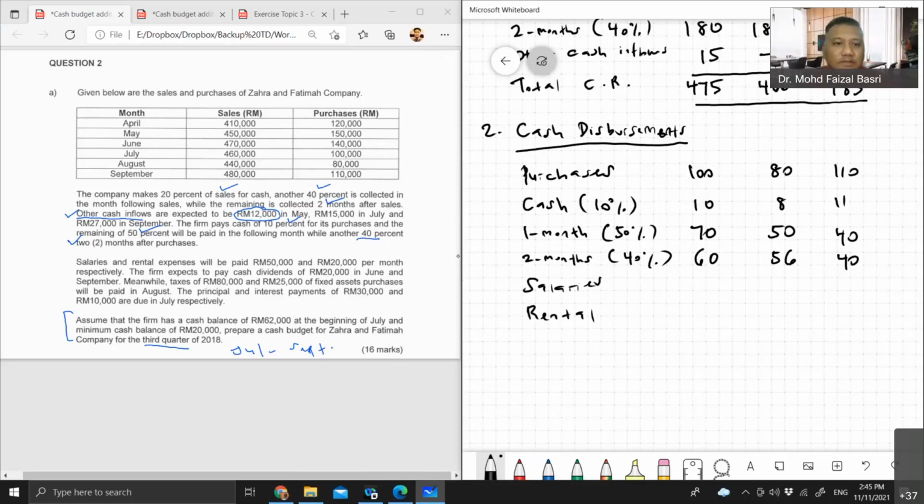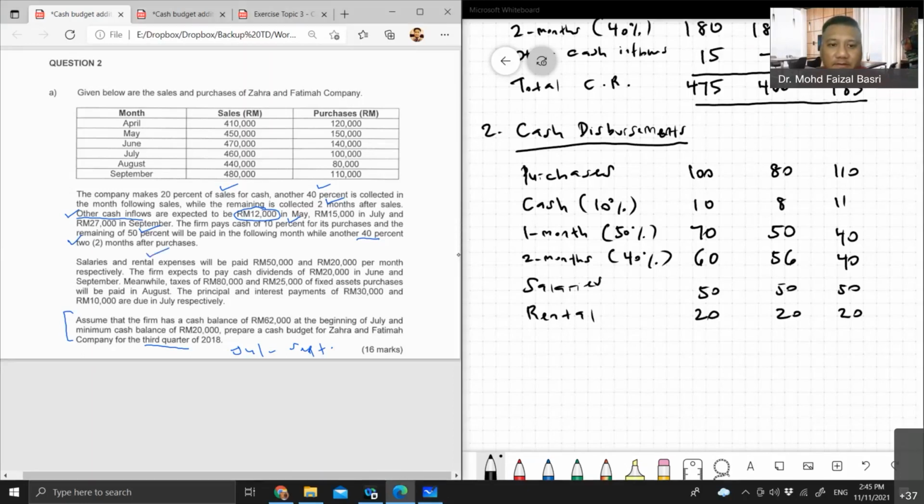Salaries are 50,000 per month. When they say per month, it means it's a fixed expense. So salaries are 50,000 every month, and the rental is 20,000 every month. So it's quite straightforward. You just copy. So salaries and rental are already done.